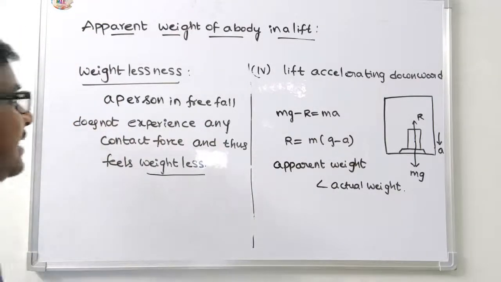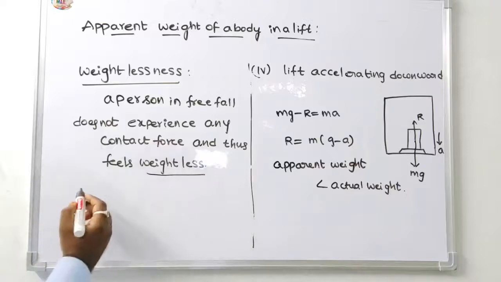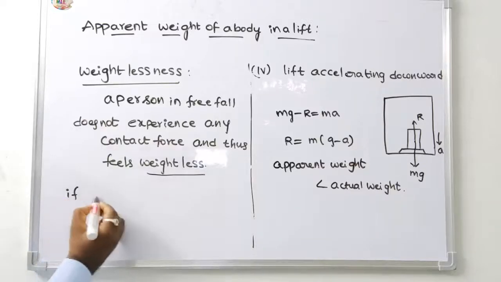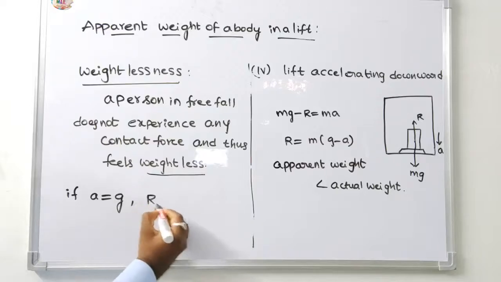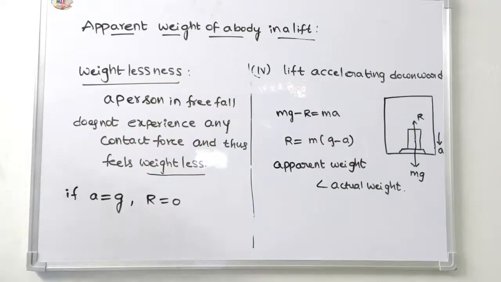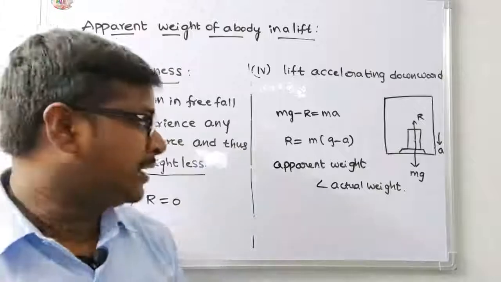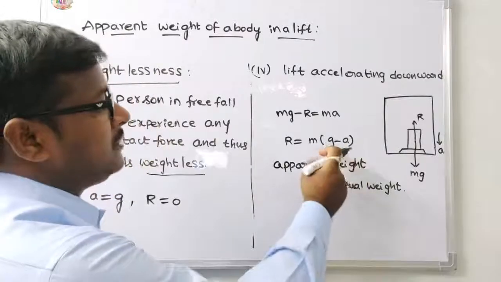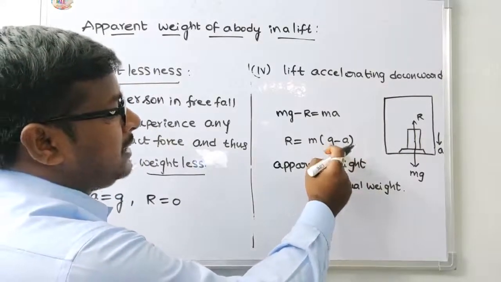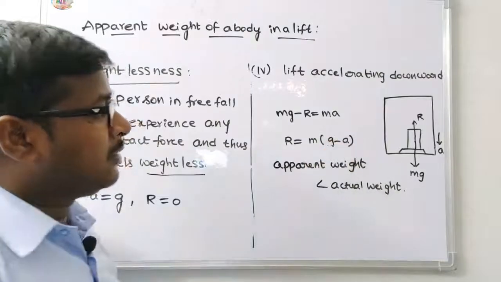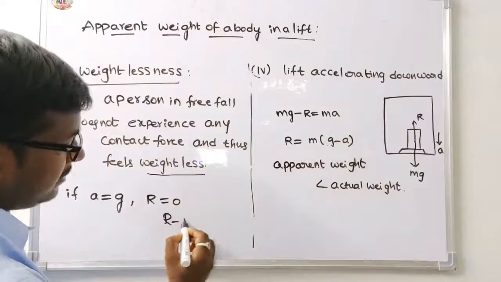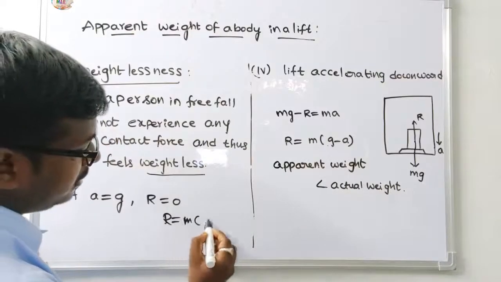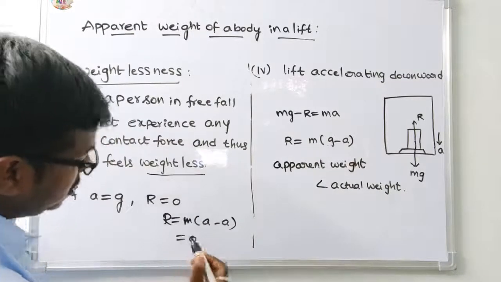In this weightlessness, one more thing: if a is equal to g, the normal reaction R is equal to 0. Substituting a equal to g in g plus a terms, R is equal to m into a minus a, which is equal to 0.